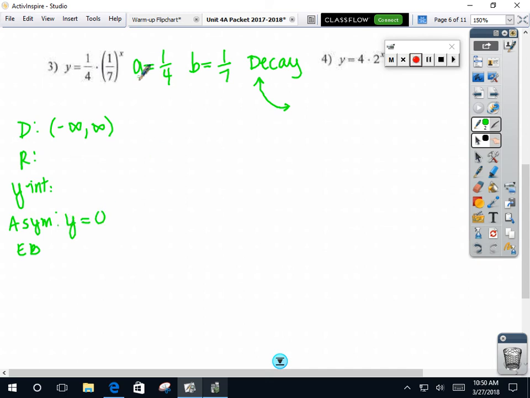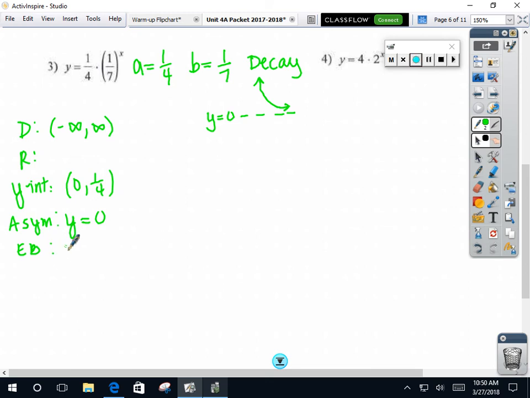And if you haven't shifted it vertically up or down, that's where it will stay. So I pretty much know right here is y equals 0. Okay, what's the y-intercept? The a value is the y-intercept, so (0, 1/4). And since it's not shifted left or right, that's where it will remain.